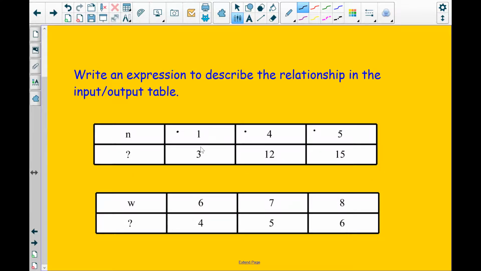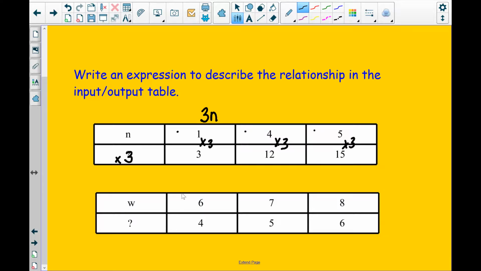That works here. 1 times 3 gives me 3. Here 4 times 3 gives me 12, and 5 times 3 gives me 15. So yes, the rule is that I'm going to multiply times 3. So this expression would be 3 times n.